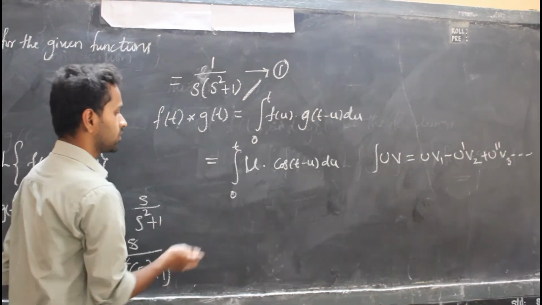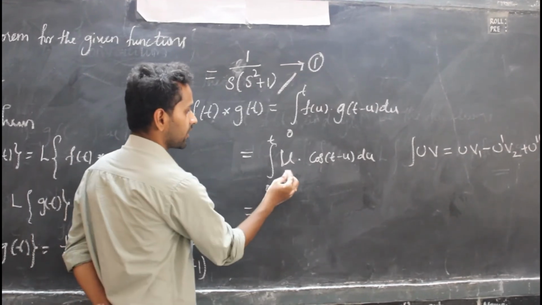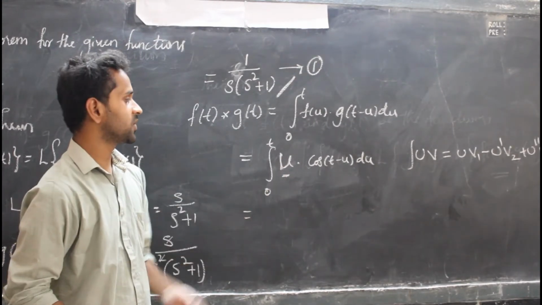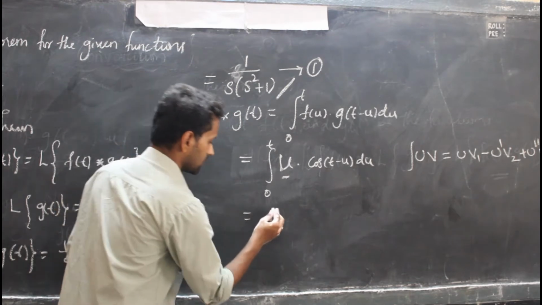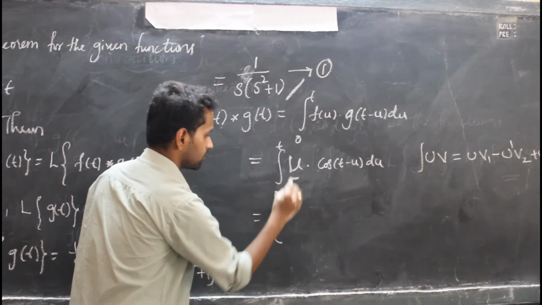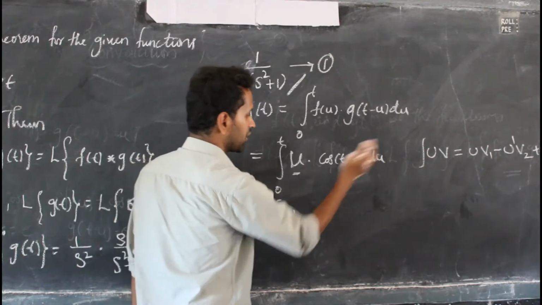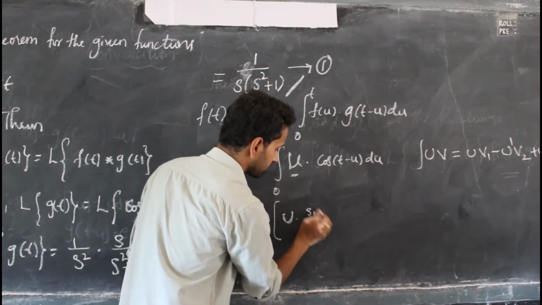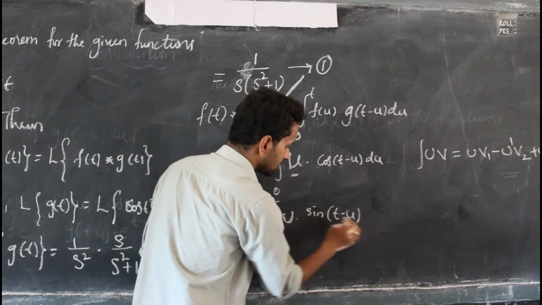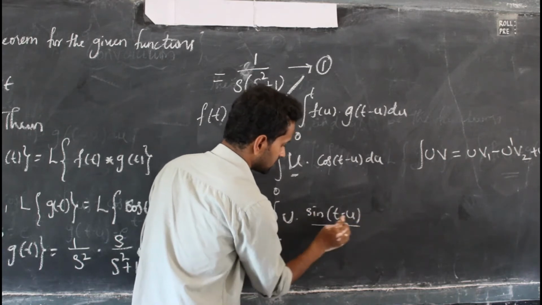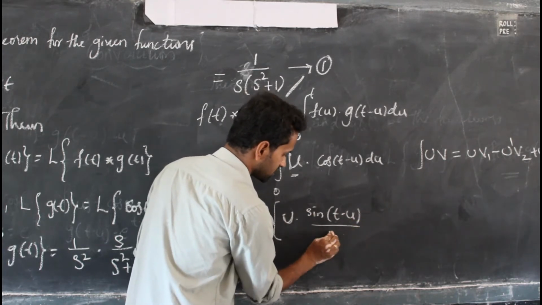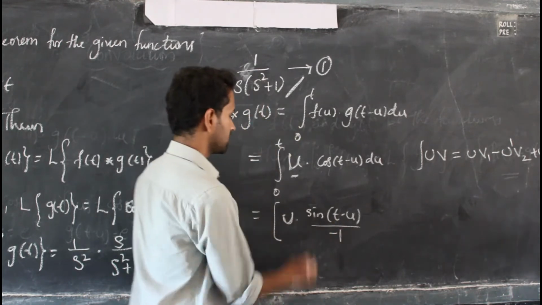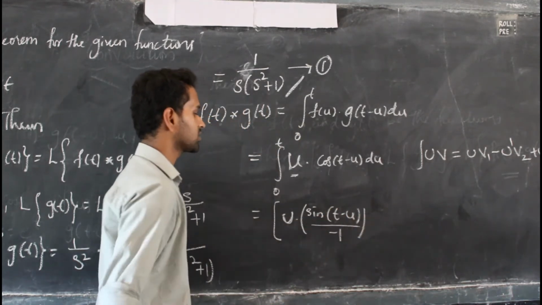So now using the Bernoulli's theorem, I'll write it. I consider this as u. So this becomes u into v1, the integration of cos(t minus u). This becomes sin(t minus u), divided by minus 1, since I have t minus u here. So the integration becomes minus 1.